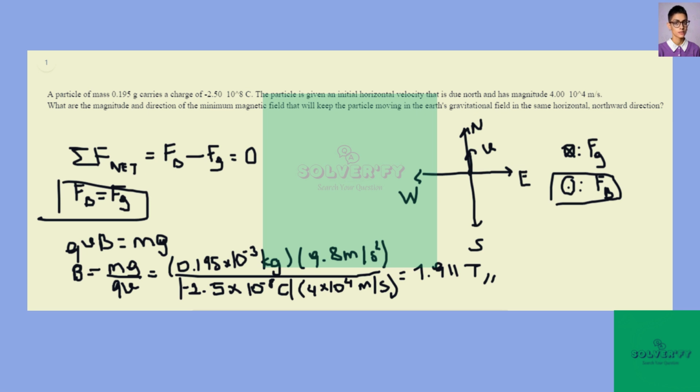So if that's the direction of the magnetic force, from the right-hand rule, everybody has a different way of doing it, but you can determine that the B has to be actually eastward.